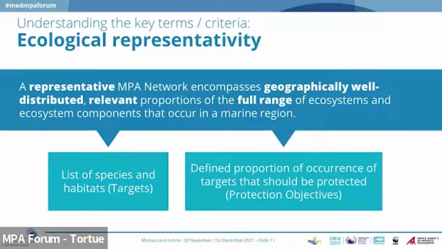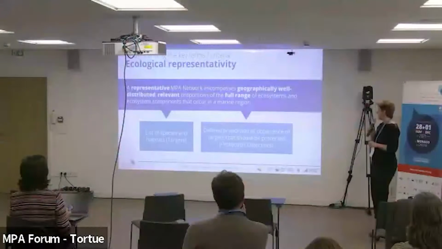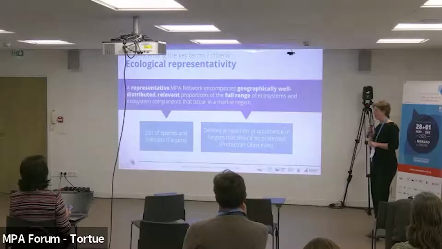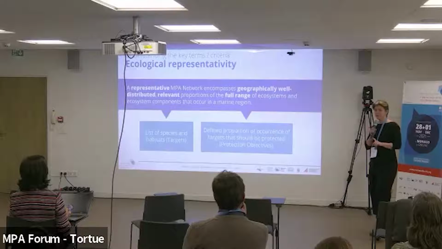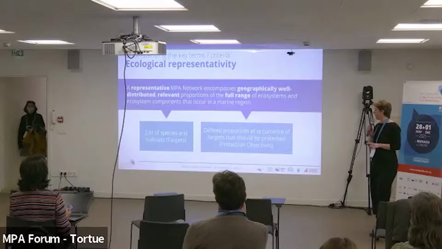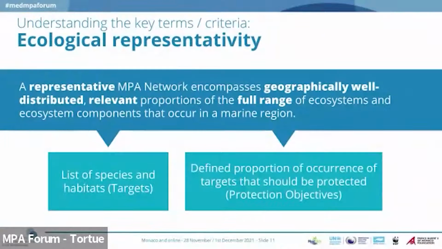That has implications for your planning. So we thought, okay, that means that we need at least to agree on a list of species and habitats, the things that we're trying to protect, in other words, the targets. And we need to land on a defined proportion of occurrence of targets that should be protected. We need to understand that. We call that protection objectives.